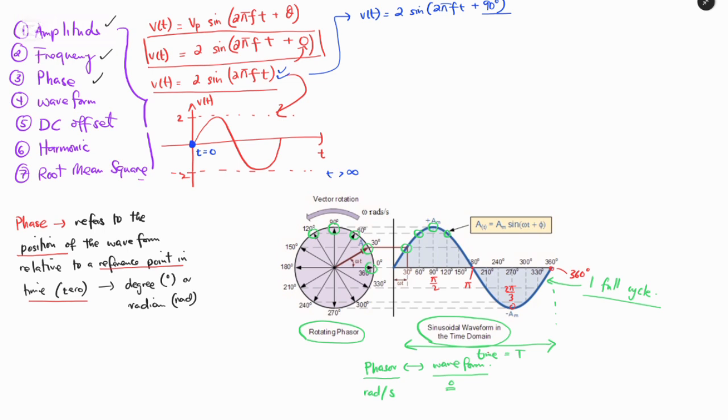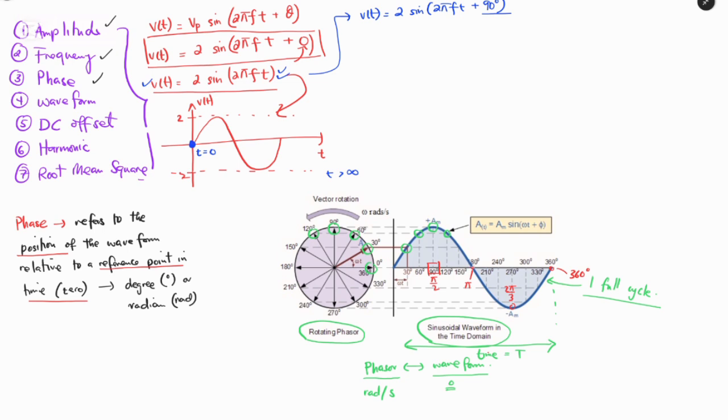In that case, when t is equal to 0, we know that this waveform exists. And when we shift this particular signal by 90 degrees, what will happen? From this diagram, we can see that 90 degrees is given in this area of the x-axis.